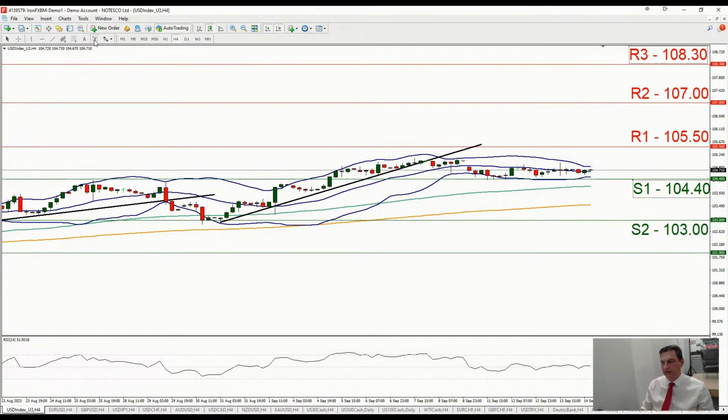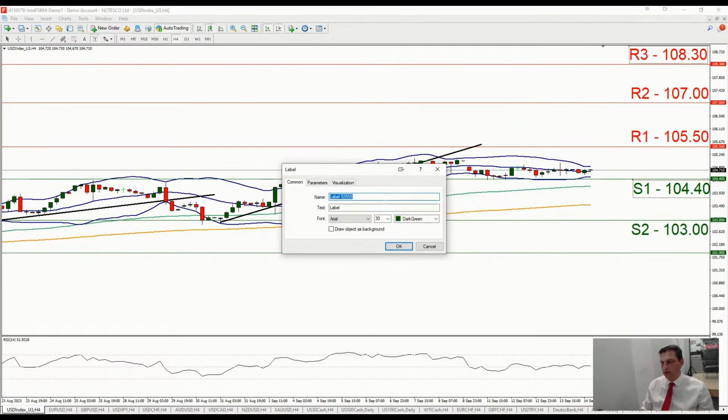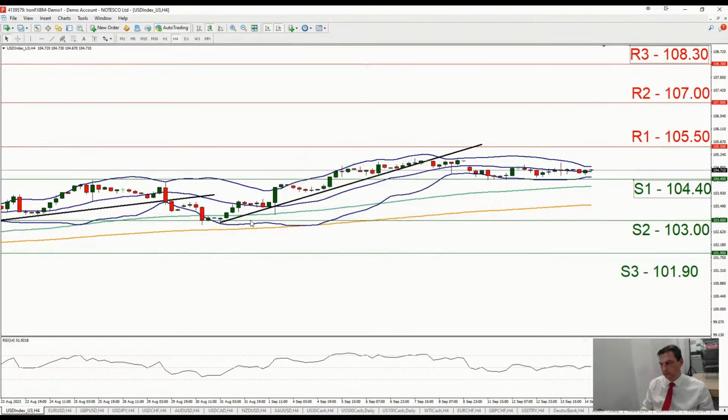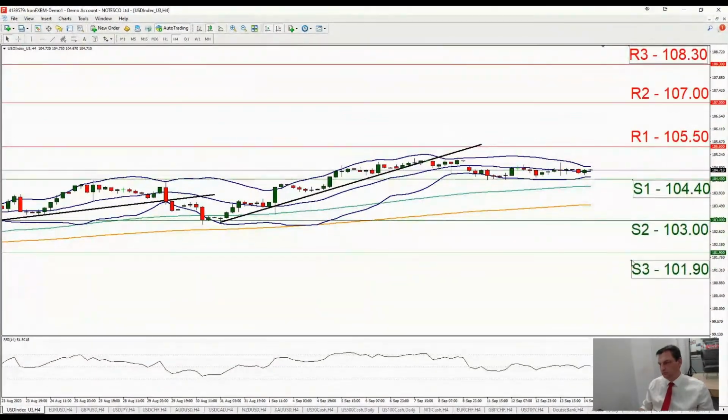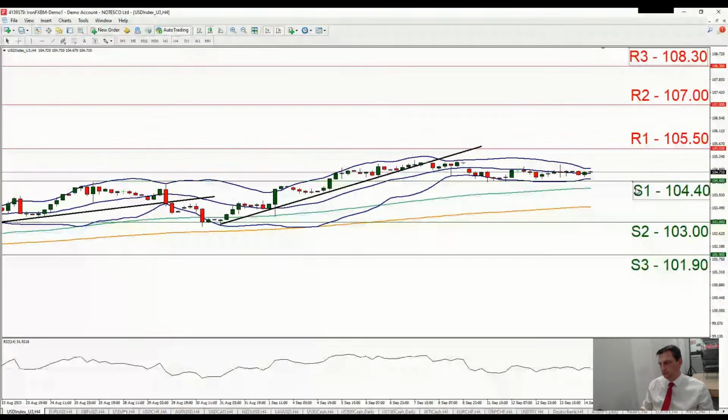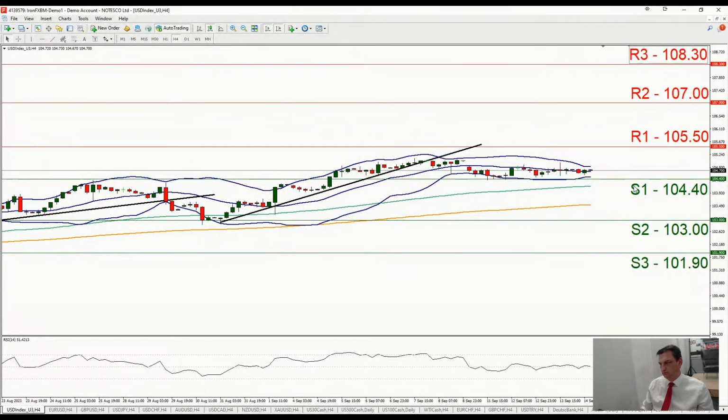And finally, the S3 at 101.90. That should sum it up.